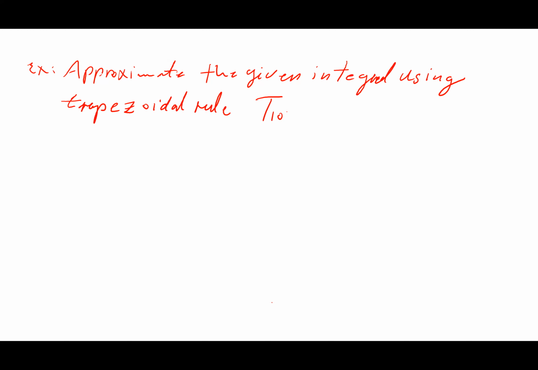The number 10 there, sub 10, is the number of the subintervals or the partitions. So for this example, we have n equal to 10.